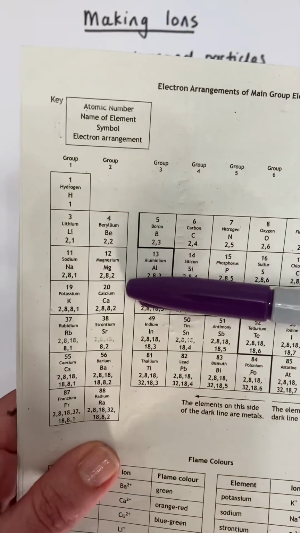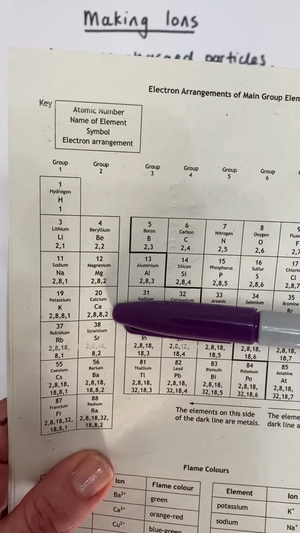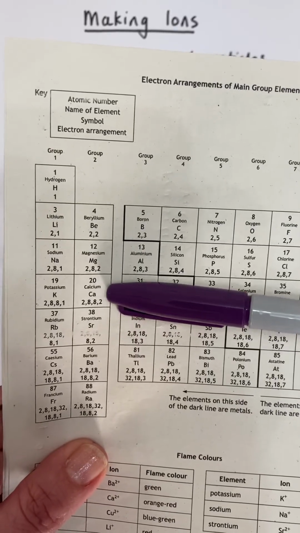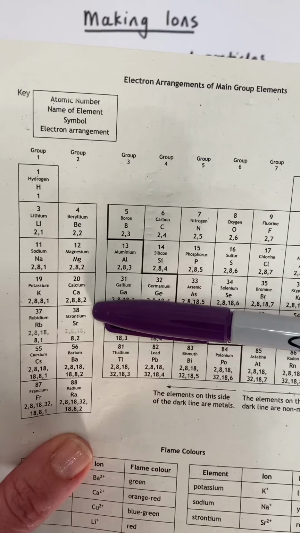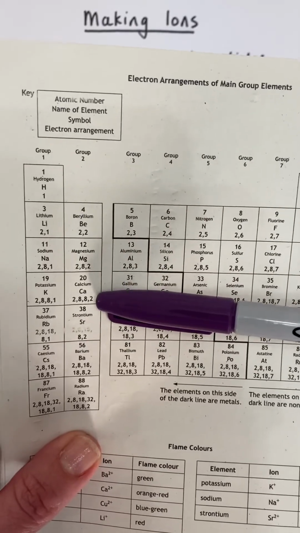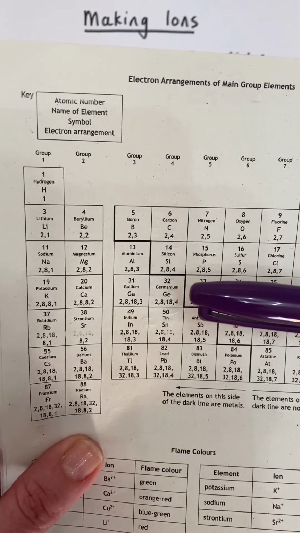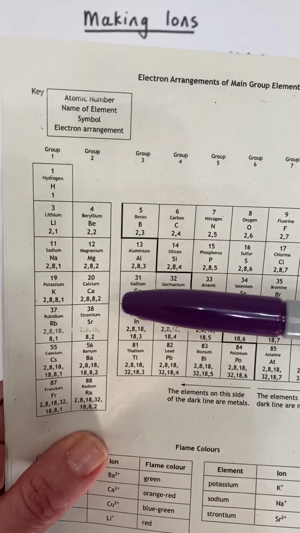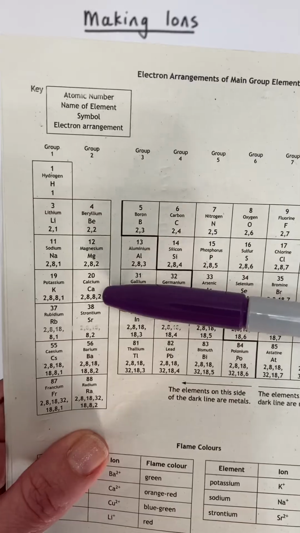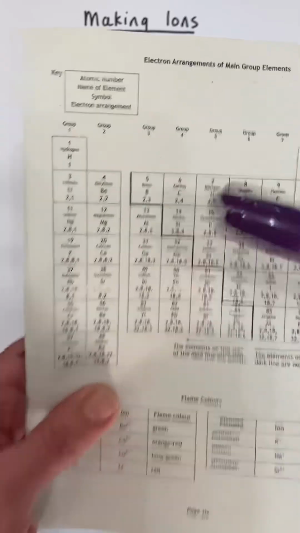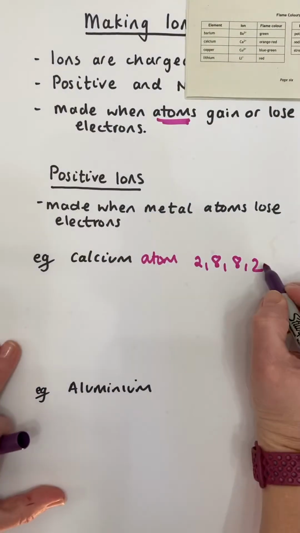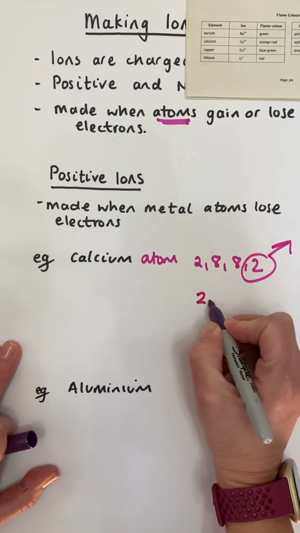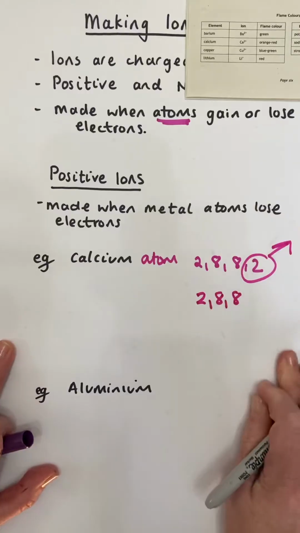And when we look at metals here, so calcium, to become like a noble gas, calcium would either have to lose those 2 electrons at the end, or it would have to gain more to give itself a stable outer energy level. So what metal atoms do is they lose their outermost electrons. So calcium here loses those 2 electrons, and its electron arrangement now becomes 2, 8, 8.